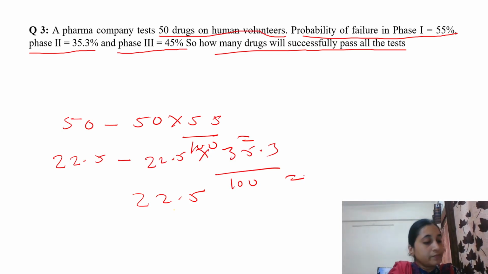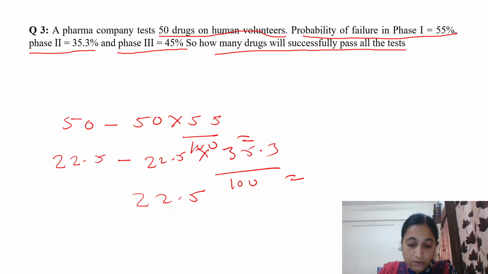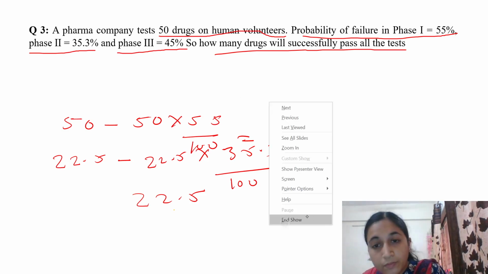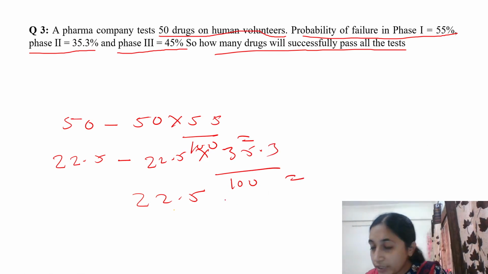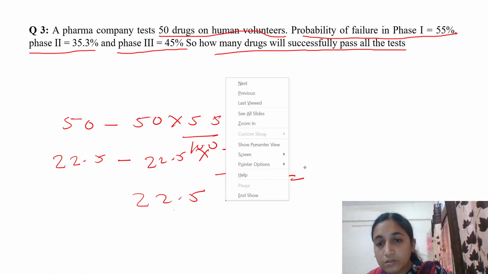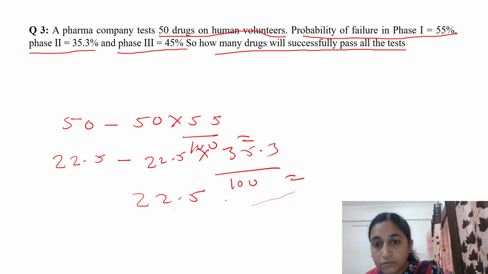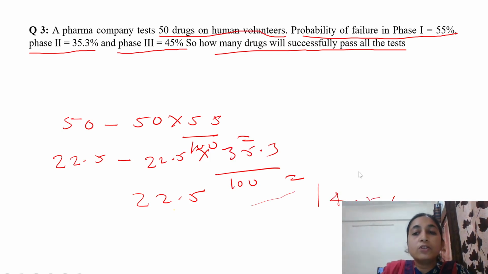So how much will it be? It will be 14.56. So from 22.5 drugs in phase 2, only 14.56 drugs have passed.